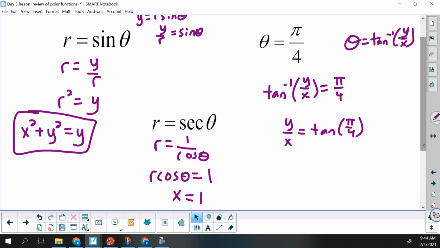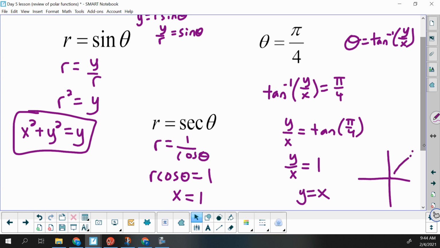Tan of pi over 4, that's tan of 45. Your opposite and adjacent are each 1. So we would get y over x is equal to 1. So you could write it like that or multiply the x over and you get y equals x. And if you think about it visually, that makes sense. If you had a pi over 4 angle, there's all your positive radii, there's all your negative radii. That's the same as y equals x.